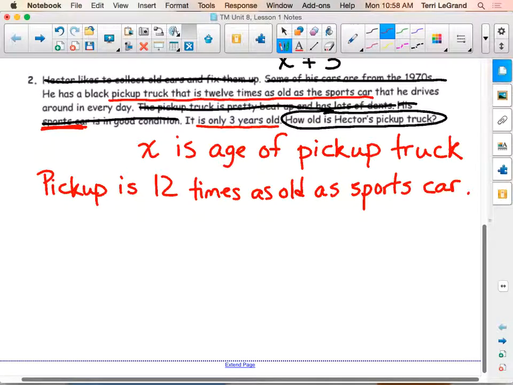The age of the pickup is 12 times as old as the sports car. Is that what it said? So sometimes when you take the time to write down the words, you're going to set yourself up for more success being able to write the equation.